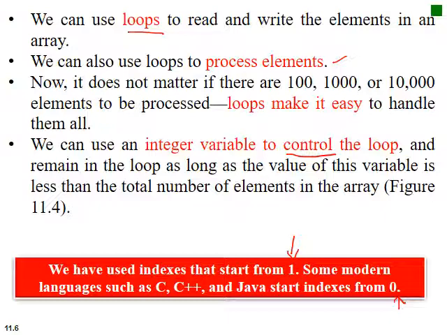But just take note that in future you might encounter, when looking at these languages, C, C++, and so on, Java, the fact that the elements are being numbered from 0 rather than from 1.